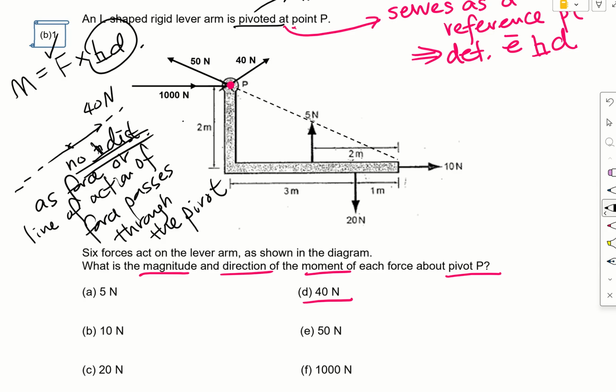Therefore, my moment will be 0. So, very simple, 40 Newton will have 0 Newton meter. And we don't even need to determine the direction of the moment because there is no moment.